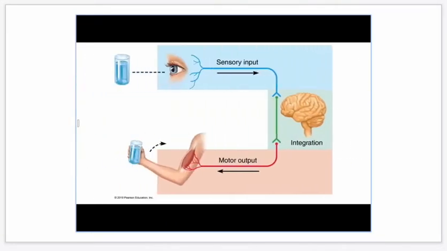When we look at the functional classification of neurons, all we care about is the direction of information flow. So sensory neurons carry information into the central nervous system. Interneurons are completely contained within the central nervous system. They don't project in or project out. And then motor neurons carry information from the central nervous system out into the body.